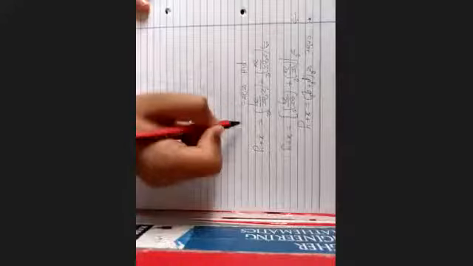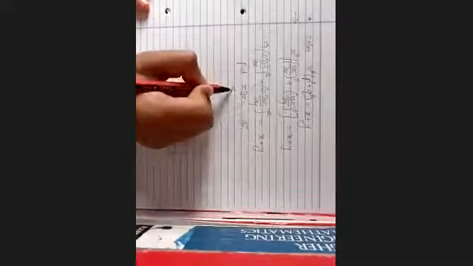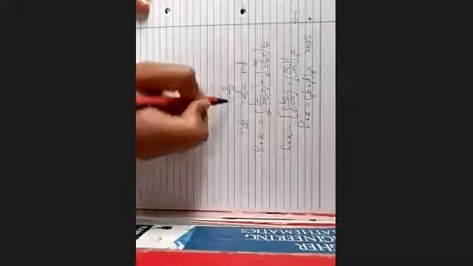Put z dou z as dou capital Z; integration of z squared by 2 is capital Z.